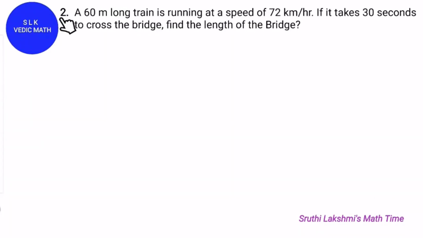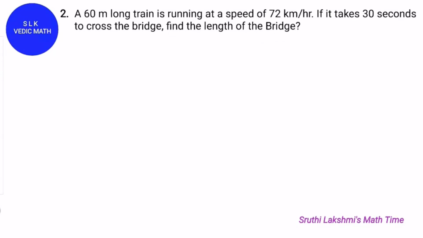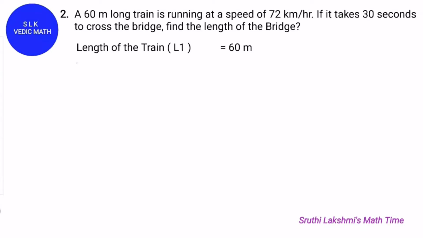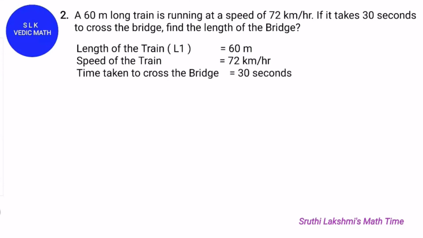Let's see problem number 2. A 60-meter long train is running at a speed of 72 km per hour. If it takes 30 seconds to cross the bridge, find the length of the bridge. First, list the given data. The length of the train is considered as L1, which is 60 meters, and the speed of the train is 72 km per hour.